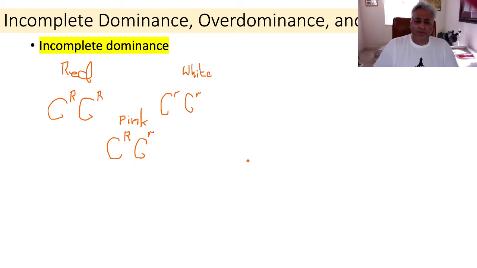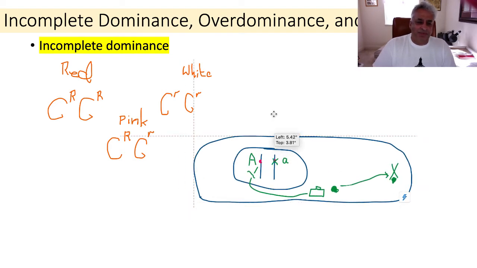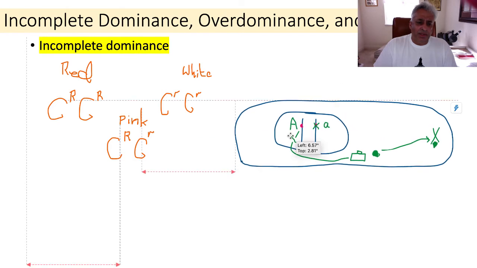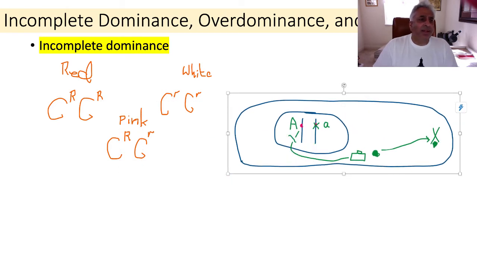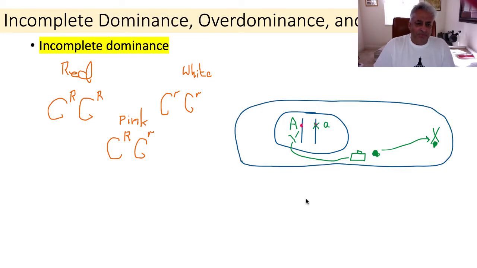So let's look at an example of a cell. Here's a cell again, magically appearing. So let's pull that up here, and let's get rid of what we don't need for now. So I'll get rid of the RNA and the DNA. I have to do some magic to that first in order to do exactly what I want to do. And let's get rid of this, and this, and that, and that.